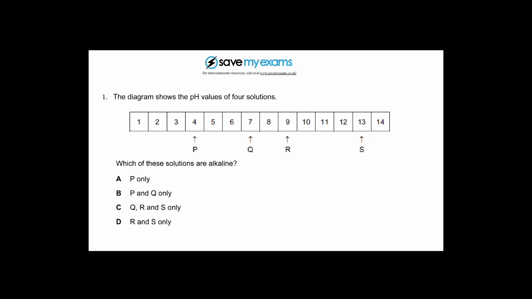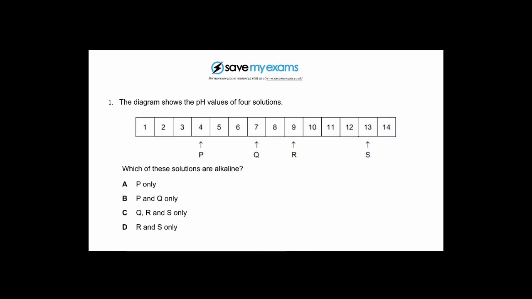So, we are having the solutions represented by letters P, Q, R, and S. Now, we are not supposed to forget the concept, my dear learners, that the pH scale ranges from 0 to the pH of 14.